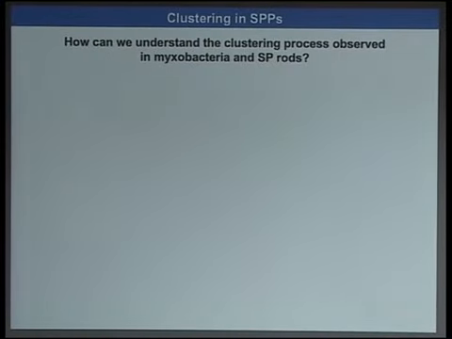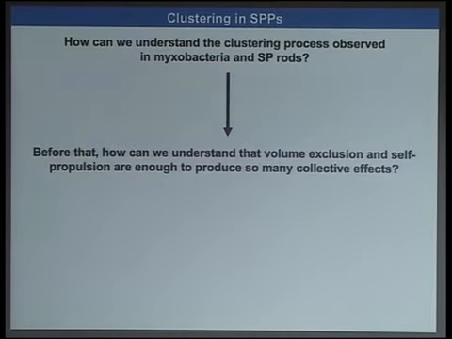Now, I promised to say something at least about clustering and about the theory. So how can we understand what we observe with the self-propelled rod simulations, and how can we understand what we observe in bacteria? Before doing that, we can slightly change the question and ask ourselves how we can understand that volume exclusion and self-propulsion are enough to produce so many collective effects.